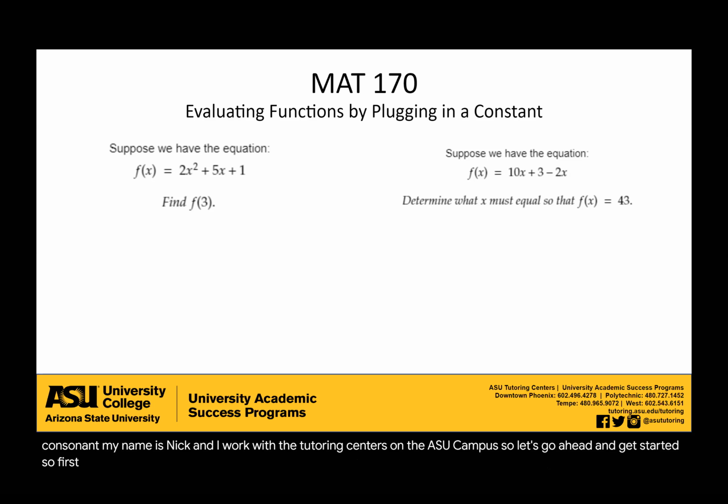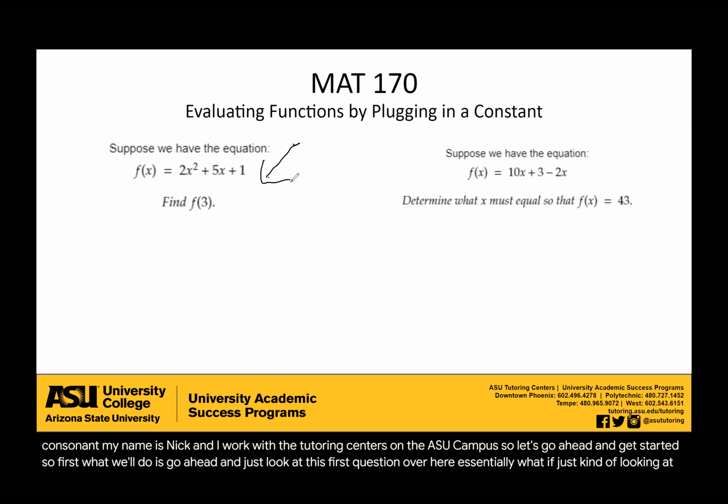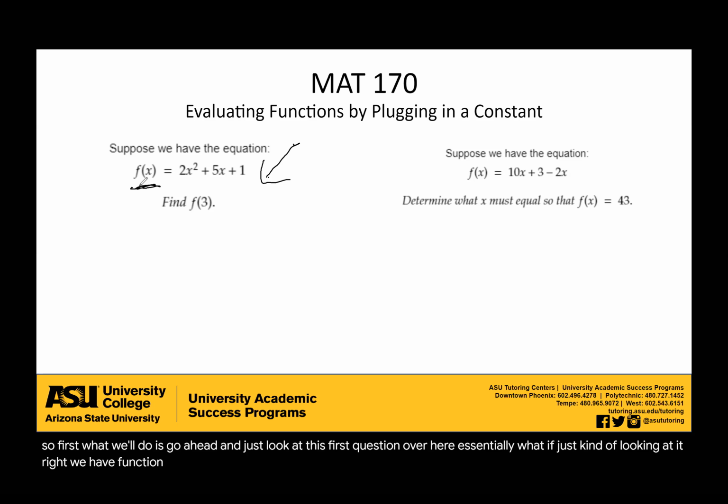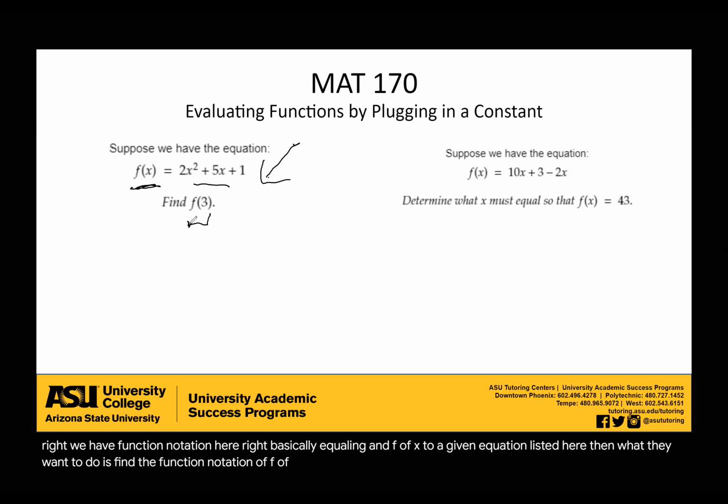So first, what we'll do is just look at this first question over here. We have function notation here, basically setting f of x equal to a given equation listed here. Then what they want us to do is find f of 3.